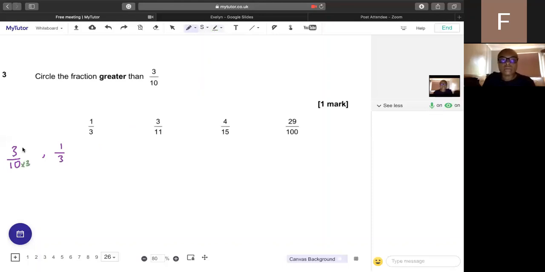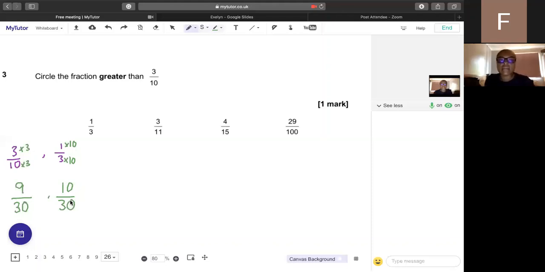So I'm going to multiply my 10 by 3 to get to 30. So we've got 3 times 3 is 9 over 30. And then to get to 30 from 3, you need to multiply by 10. So here we've got 10 over 30. So 3/10 is 9 over 30, and then a third is 10 over 30.